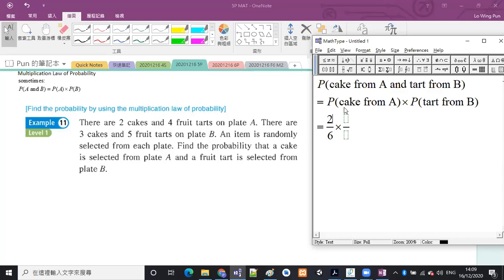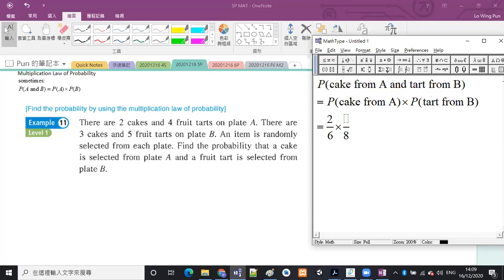Can you get this? And then for the second probability, we are going to find the probability of choosing a tart from plate B. Okay? And then from plate B, how many options are there for us to choose? There are 3 cakes and 5 fruit tarts on plate B, which means there are totally 8 items for us to choose.